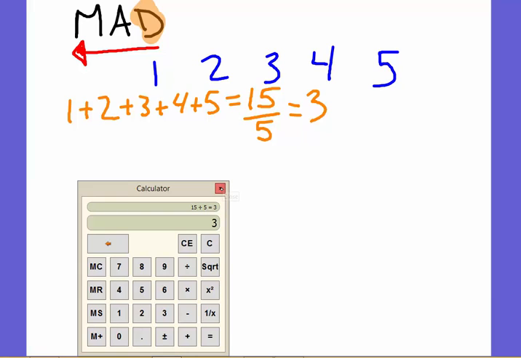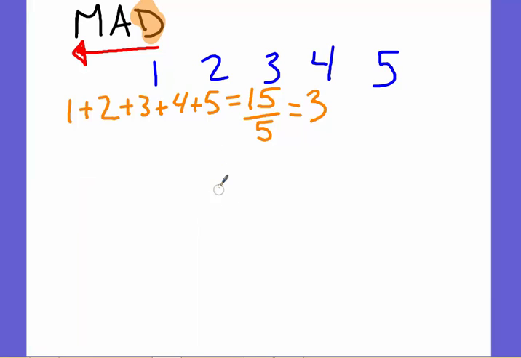Now I have enough information to find my deviations. My deviation is my value minus the mean.